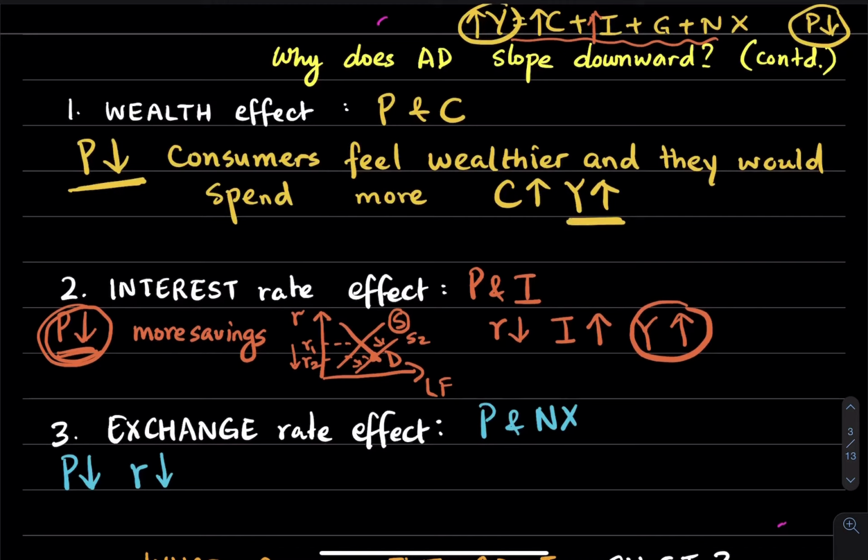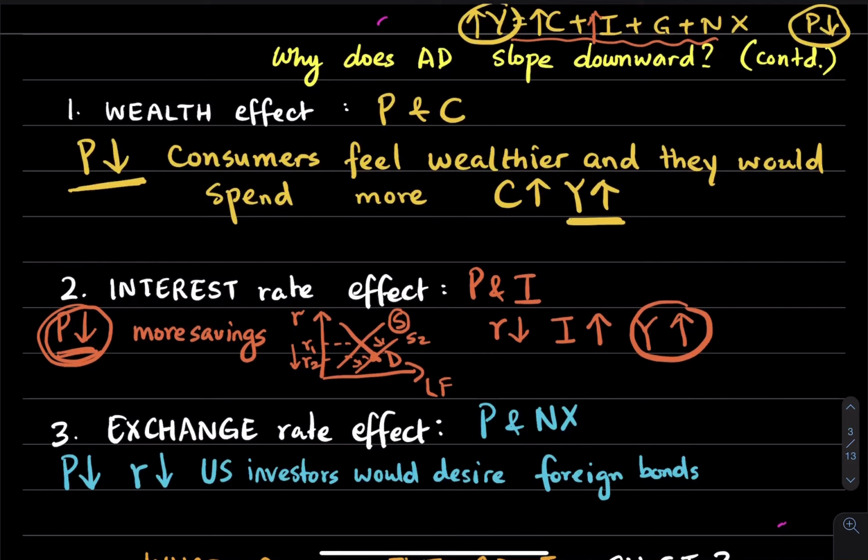When the real interest rate falls in the United States, then US investors would desire foreign bonds or assets.